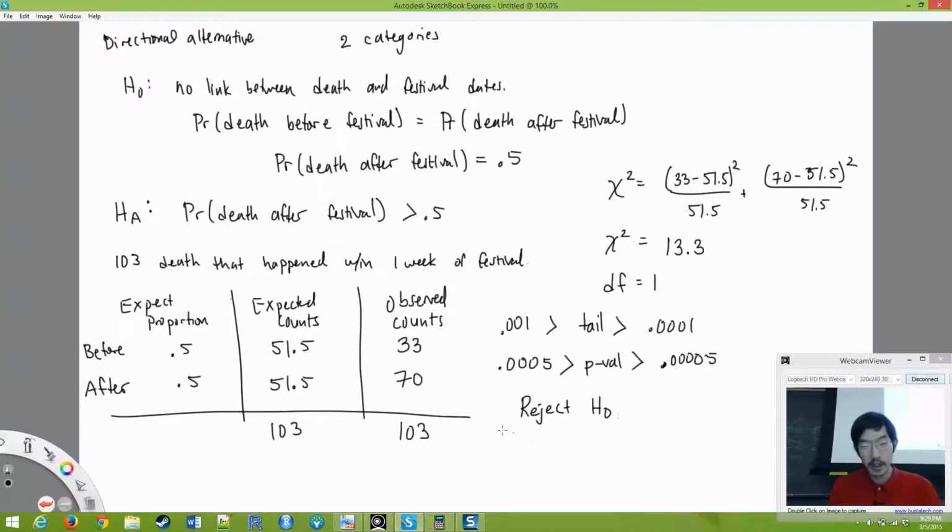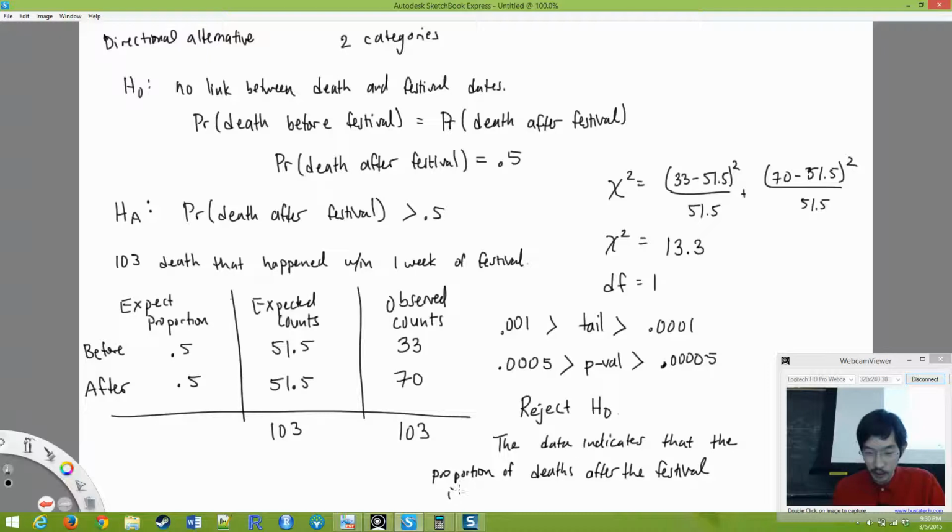And the data indicates that the proportion of deaths after the festival is greater than 0.5.